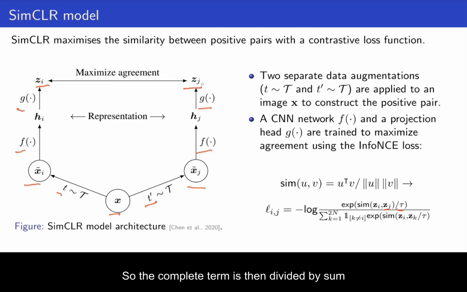The complete term is then divided by the sum over all the other examples apart from itself, which is excluded by this k not equal to i specification, and then again taking the exponential similarity, which is divided by the temperature scalar.